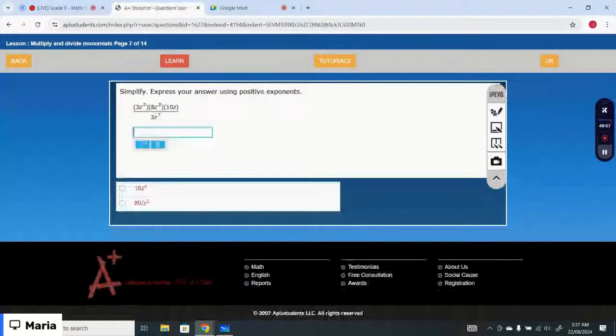Simplify 3z square times 8z square times 10z divided by 3z^7. So which is the correct option?